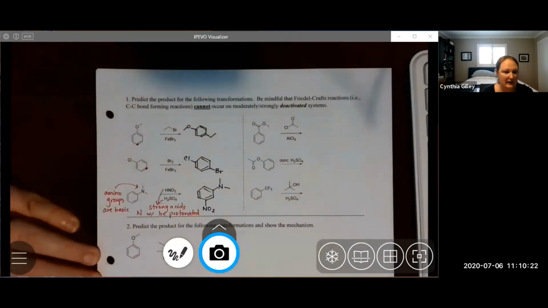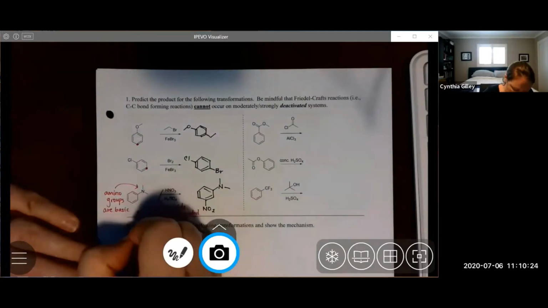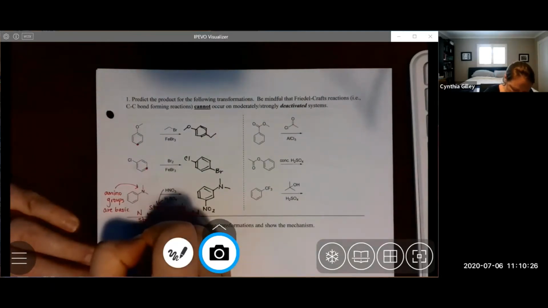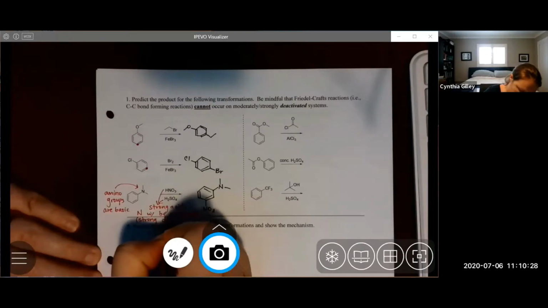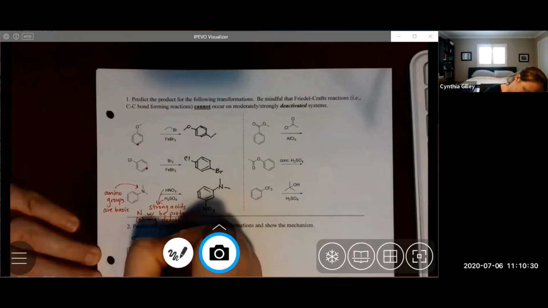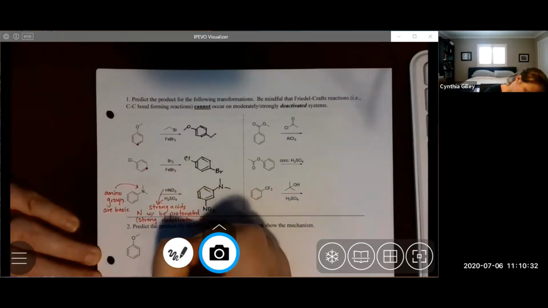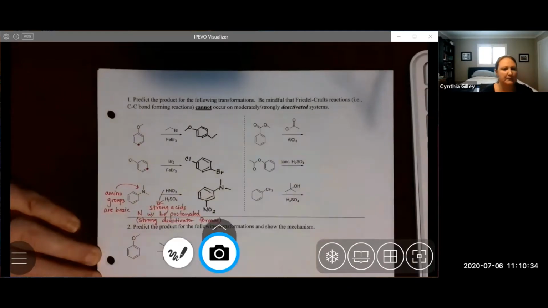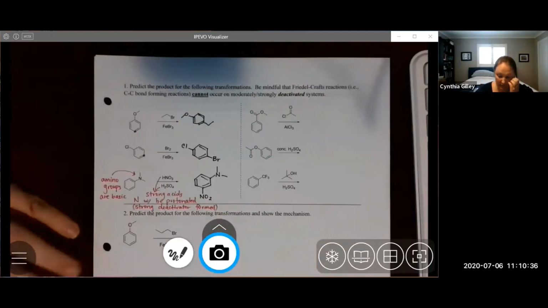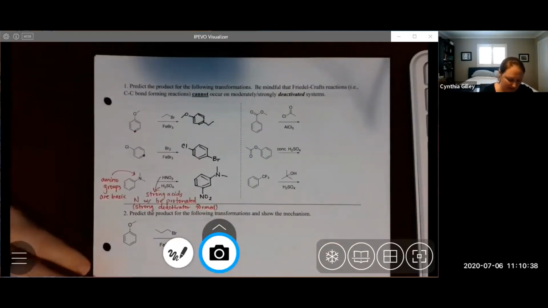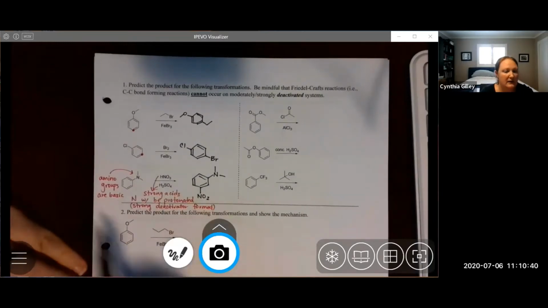And that will make it a strong deactivator, meta director. And this is talked about a little bit more in activity 3. And actually, there's another problem related to that.